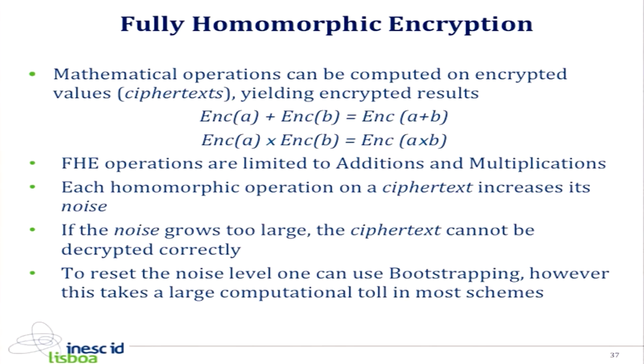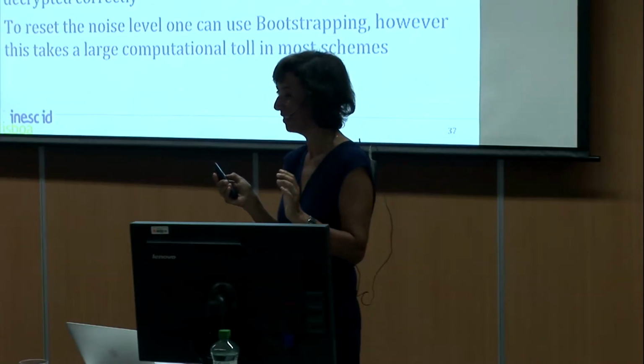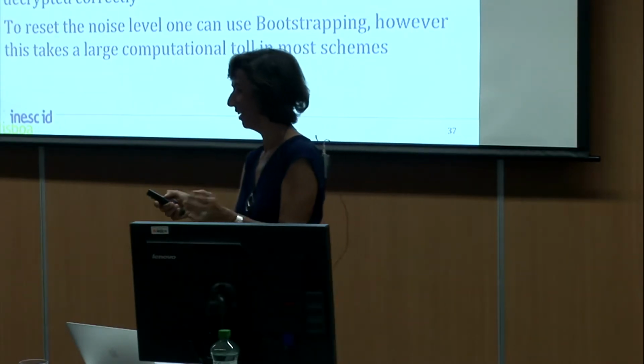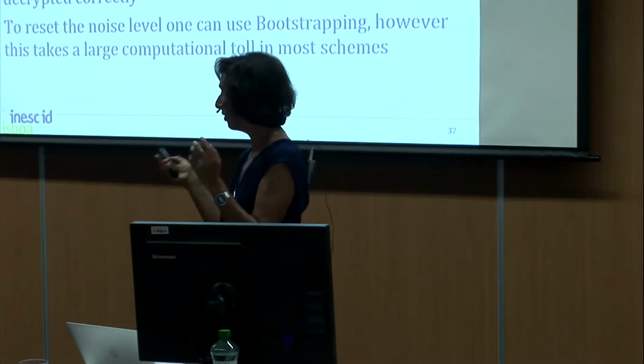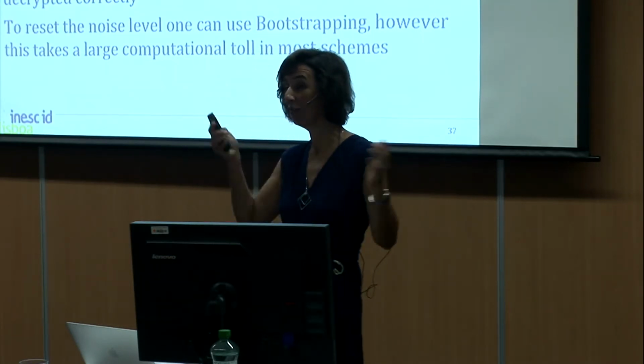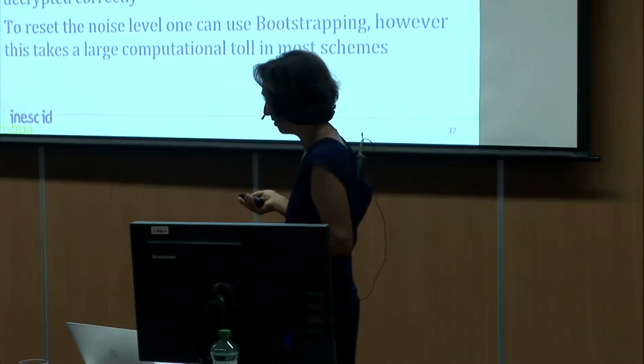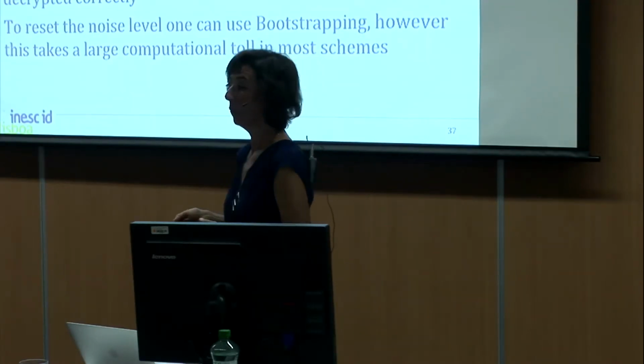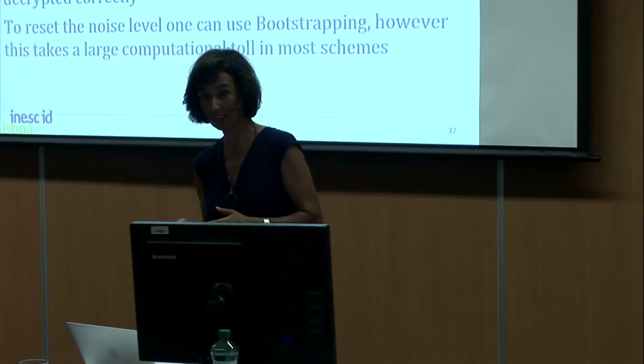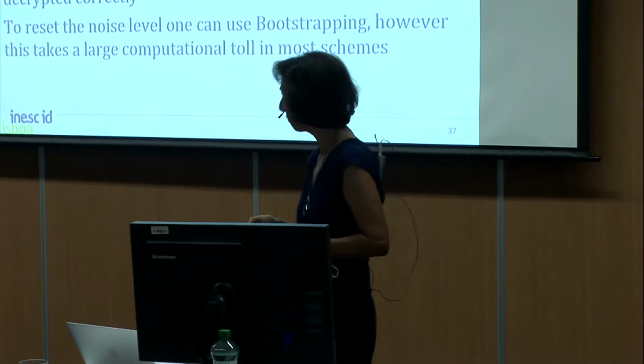Normally, to reset the noise level, one can use bootstrapping, but this takes a very large computational toll. So one of the other reasons why our neural network has this particular number of layers, besides being the data limitation, is also the fact that we cannot have too many operations, otherwise we exceed what is called the noise budget, the encryption noise budget.